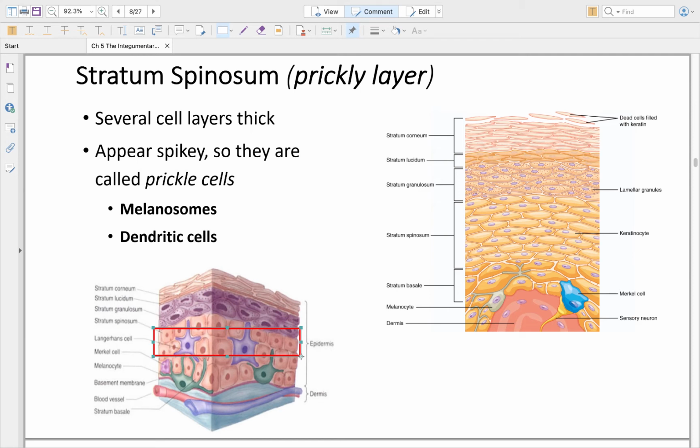They look prickly, and therefore see the little kind of star shape. So it gives it this kind of prickly appearance, and that's where the name spinosum, aka prickly layer, comes from. So this is the second layer, the stratum spinosum.